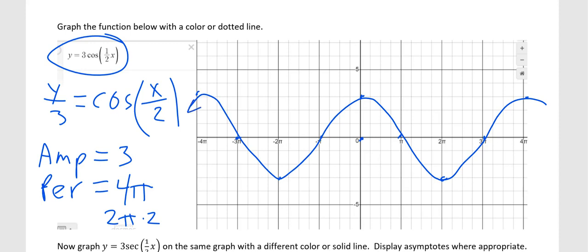You get the idea. Hopefully you were able to do the same type of thing quickly because you know how to graph cosine functions. HK sits under the max, and you can use the amplitude to go up and find the first point, and then the period to find the next point, and all that good stuff. Okay? Same thing we've done before.